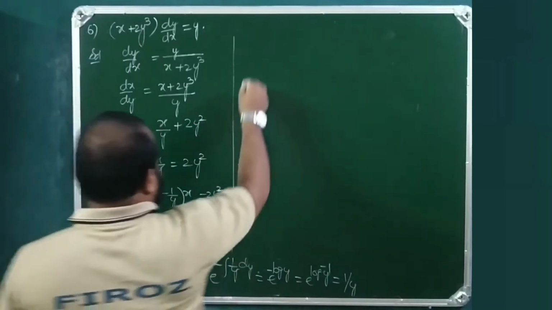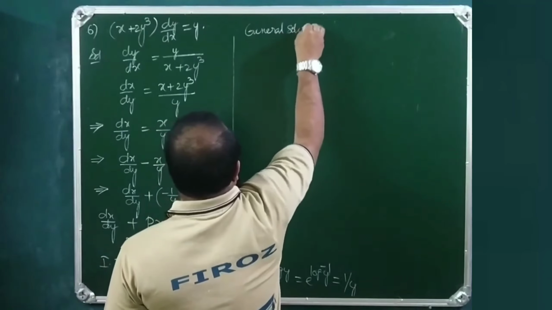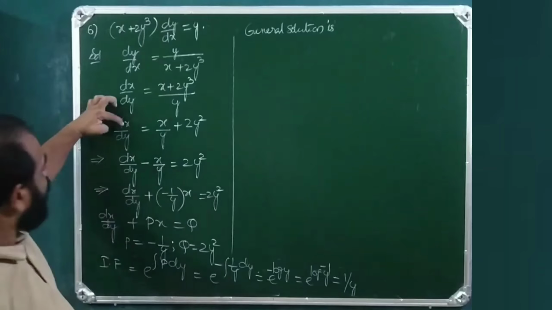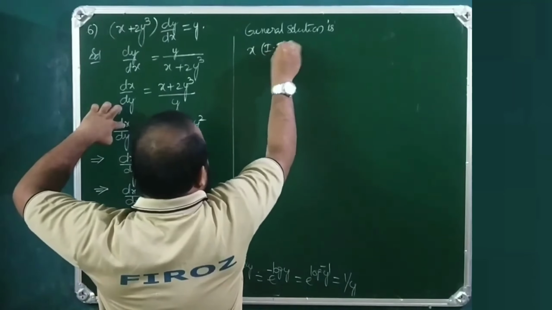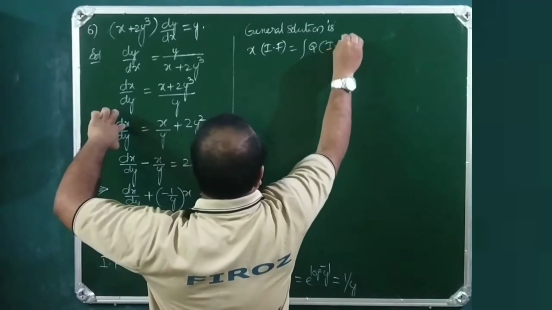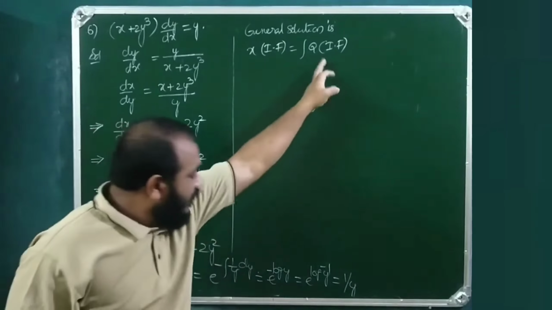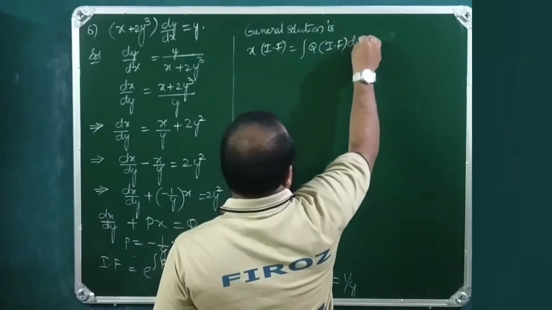Now the general solution is x into integral factor is equal to integral q into integral factor into dy. So here q is in terms of y, integral factor is also in terms of y. Obviously this is dy.